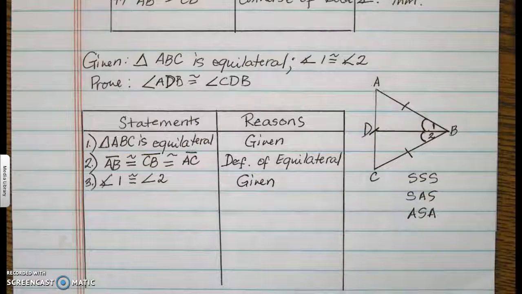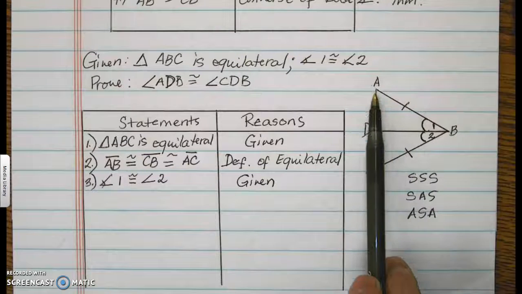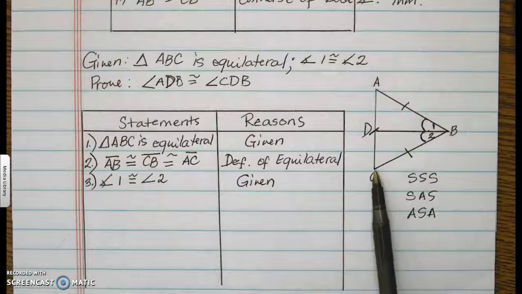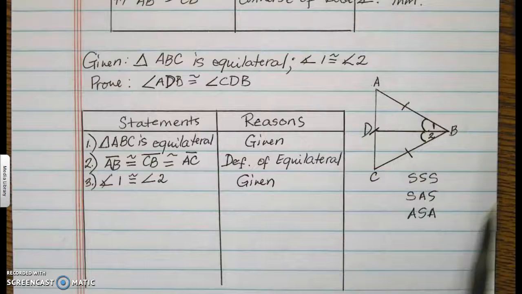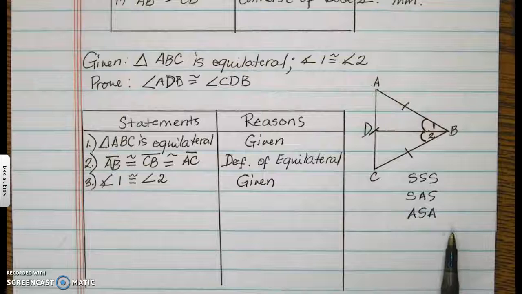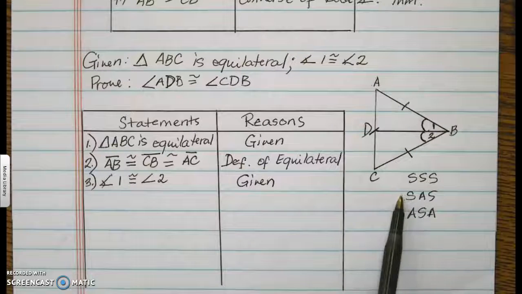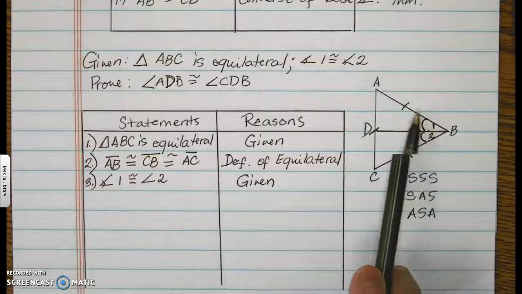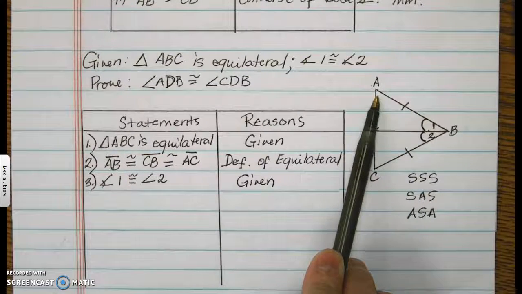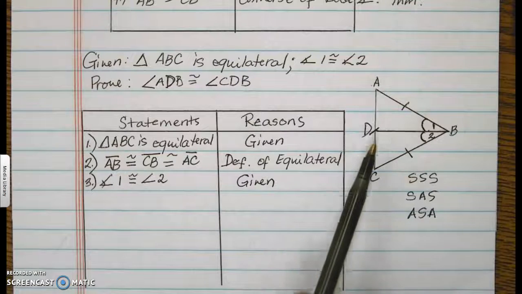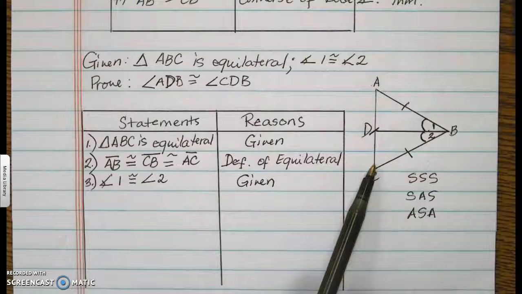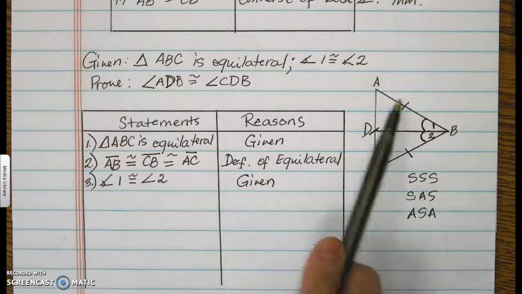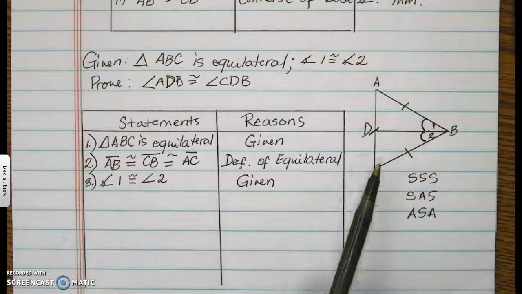As of right now, we have already established that one pair of sides are congruent and a pair of angles are congruent. So I'm thinking that these two are the ones that I'm going to use. However, instead of using angle-side-angle, which I can also use because those are the base angles of an isosceles triangle, I can also do that.